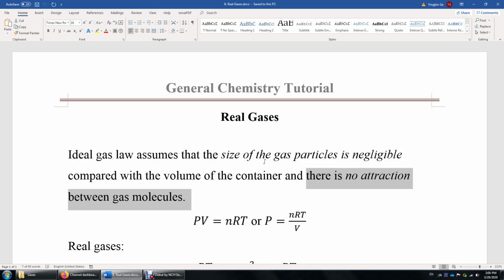Therefore, the attraction between water molecules in the gas phase is negligible. And then, even for water, we can say PV equals nRT for the gas phase of water vapor.